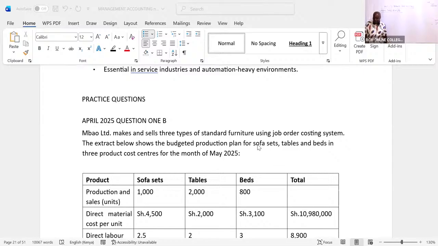And the beds, we produced how many? 800, yes. And then I can see the direct material cost per unit. I can see the direct labor cost per unit. I can see great things, ladies and gentlemen. I love management accounting because it is the easiest subject.